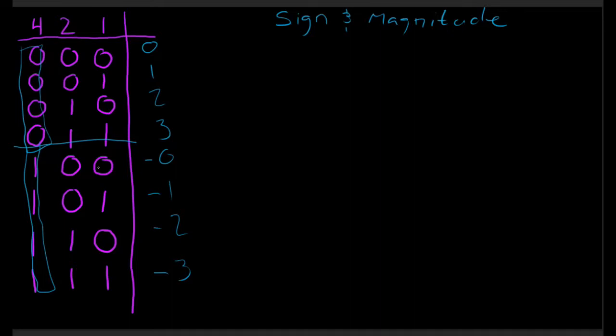But we just basically break it in half, and if it has a 1 there, that's negative. So as you can see here, 0, 0 is 0. This is a 0, 1, so that's 1. That's a 1, 0, which is 2, and 1, 1, which is 3. So that's where those numbers come from. But 2 issues really exist.